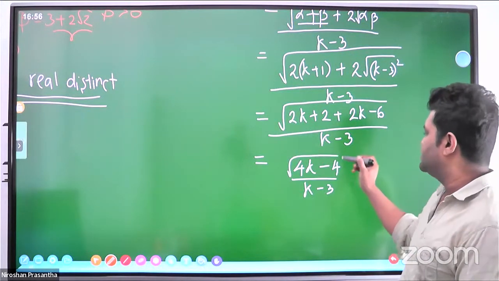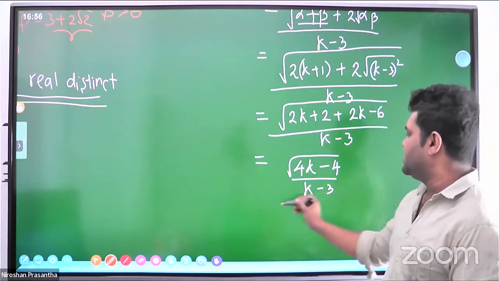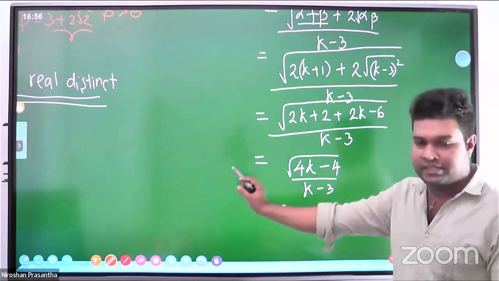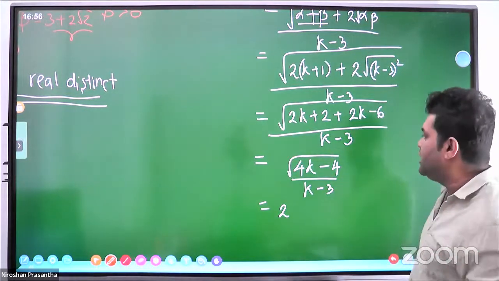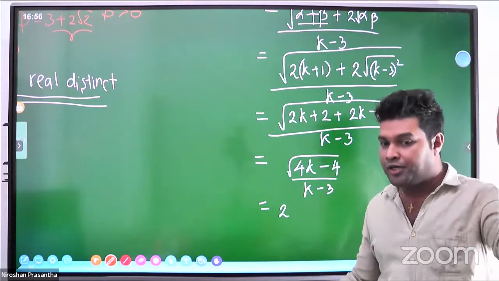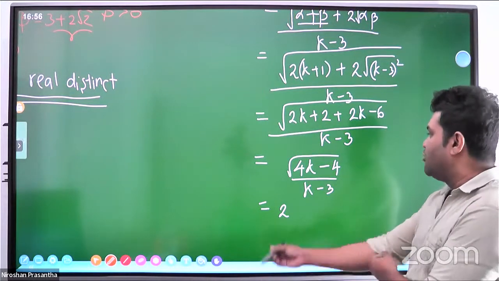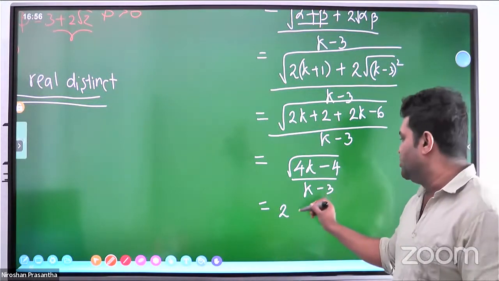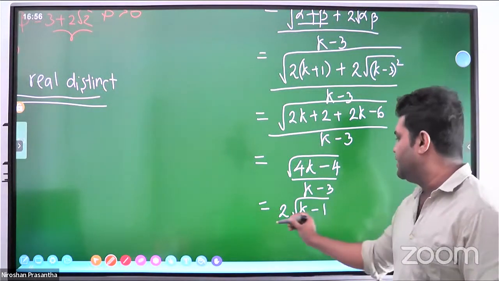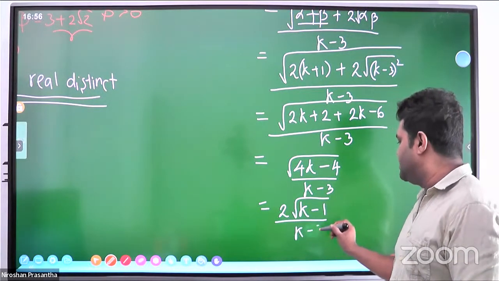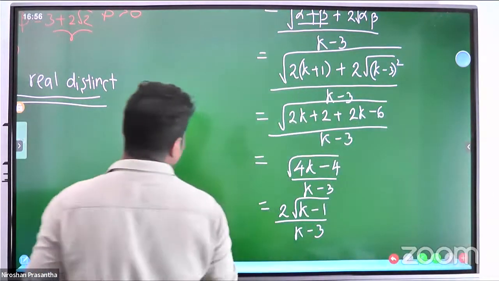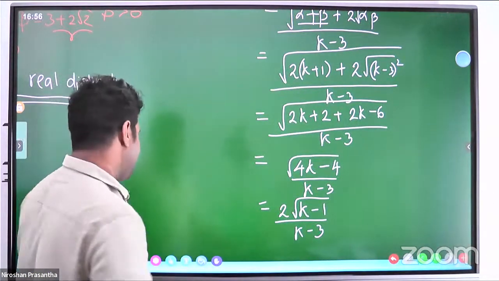In that case, you can make 4 a factor, and you can take it outside from the square root. It will be 2 because of the square root. You can take the 2 out, but k minus 1 is still inside the square root, and this is k minus 3. This is the sum of the two roots, and now you can find the product of the two roots. Then you can generate the equation.